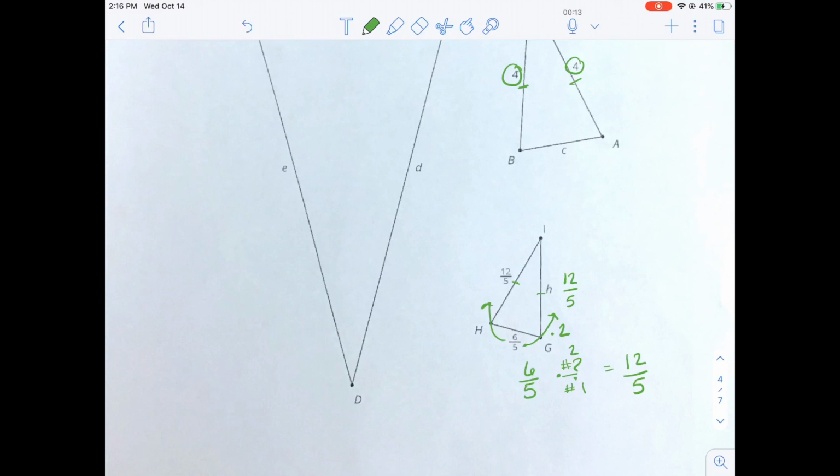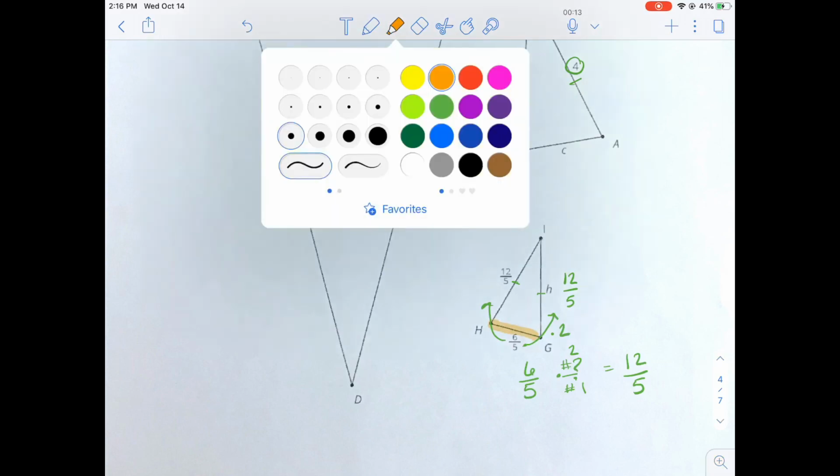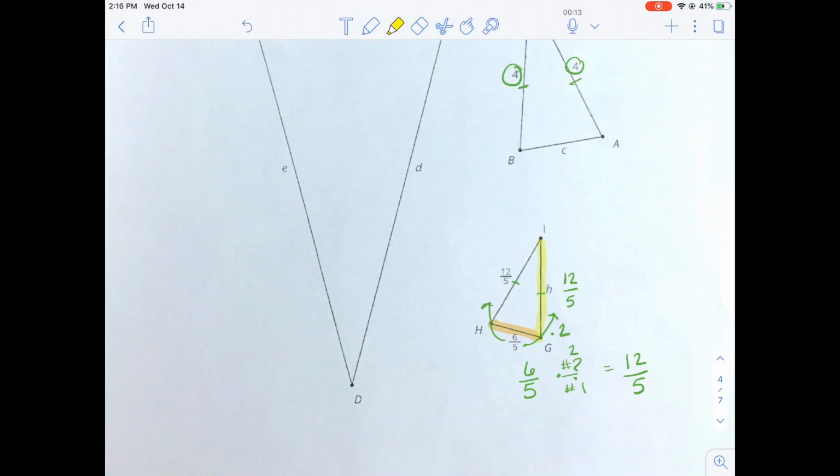So to go from the short side, which we're at right here, to the long side here, I multiplied by 2. So to go from short to long, I had a multiple of 2.